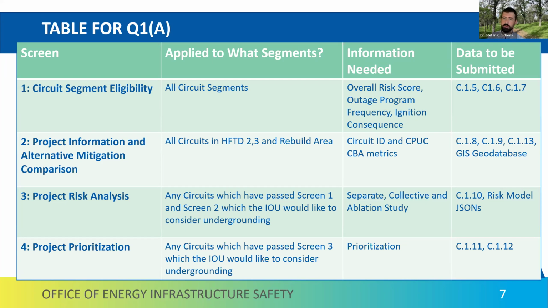As the portfolio is developed, and more screens are added, you have to recompute these things like the collective analysis and the ablation study. So we've left room in there for that reporting to take place.